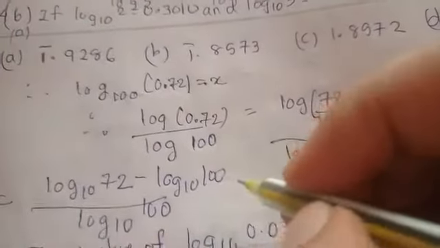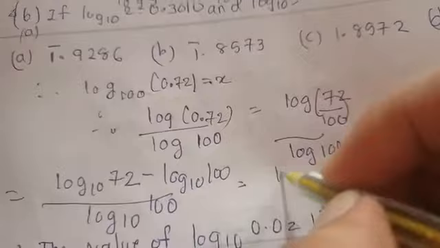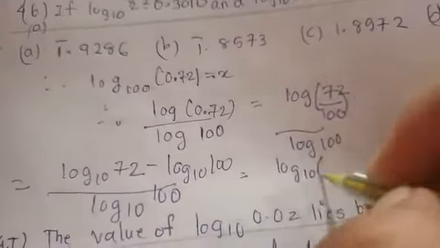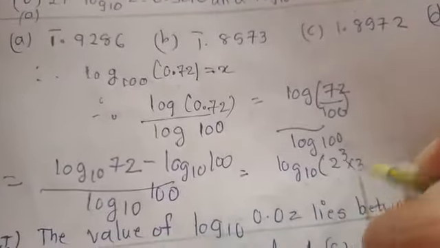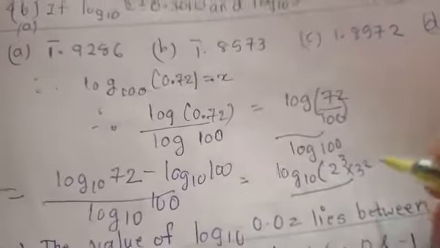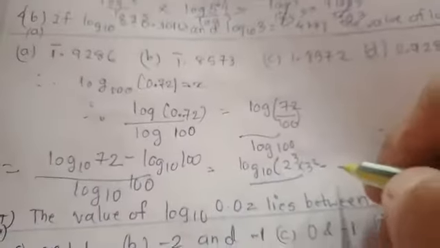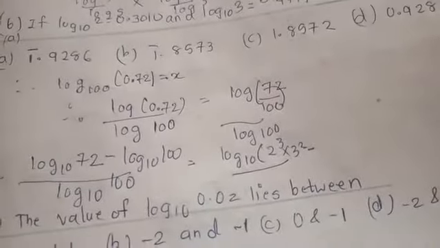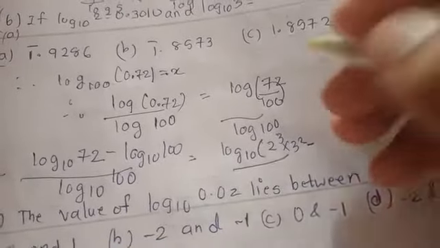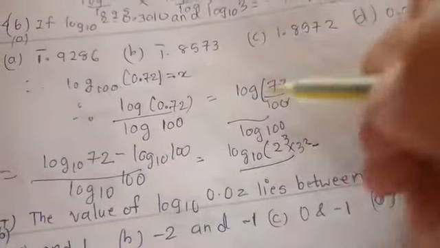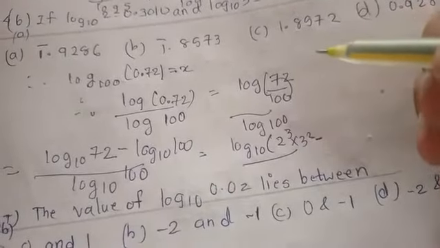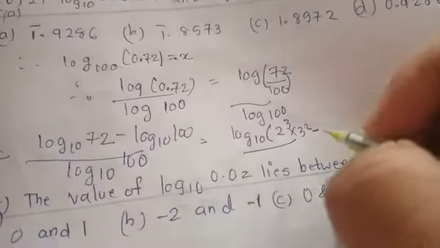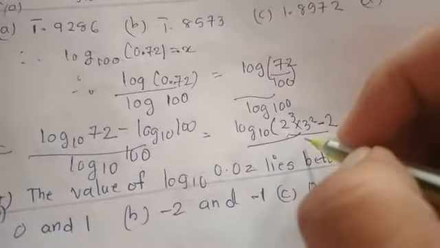Now log 72 can be written as log to the base 10 of 2 cube into 3 square. Now we simplify log 100 to the base 10. Now 100 is equal to 10 raised to 2, so this value becomes 2 into log 10 to the base 10, which is equal to 2.